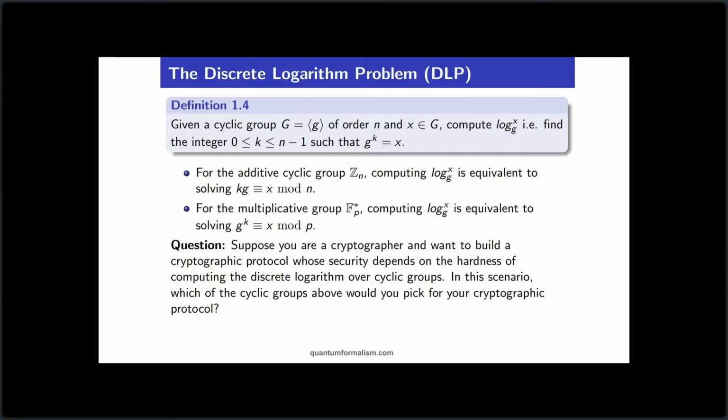In other words, the computational problem is to find this k. So we give you the cyclic group, here's a generator, this is a cyclic group of order n, here's an element, go find the discrete logarithm of it.